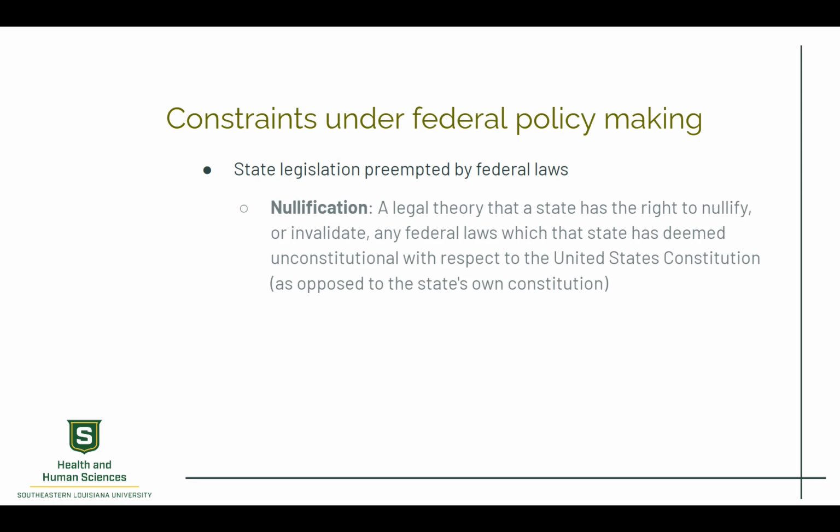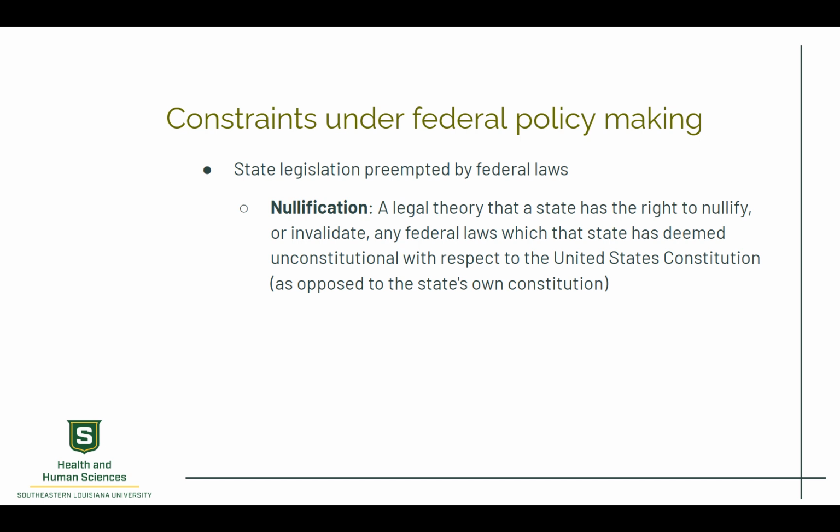Sometimes the states may decide, no, we don't want to adopt what you said we're going to adopt. An example is what happened with Texas and a number of the southern states that decided they were not going to adopt Medicaid expansion.